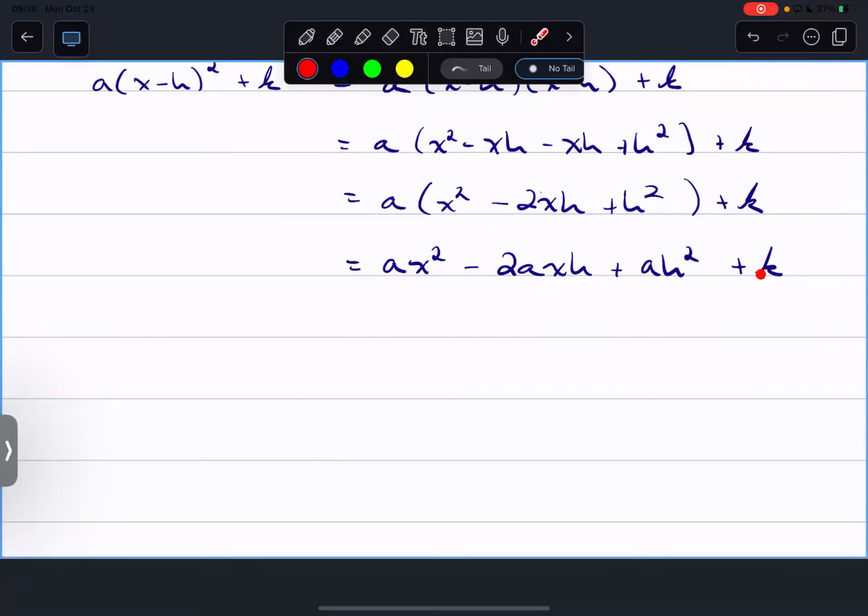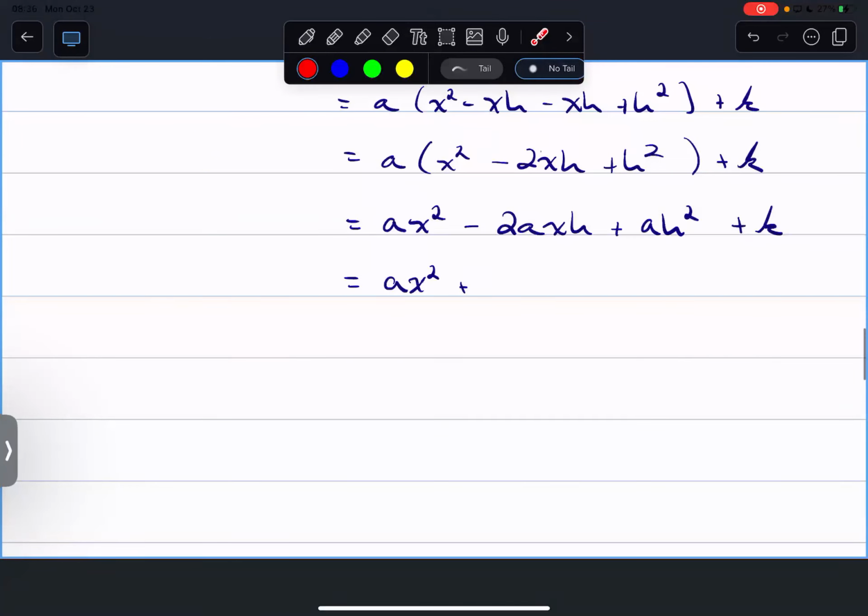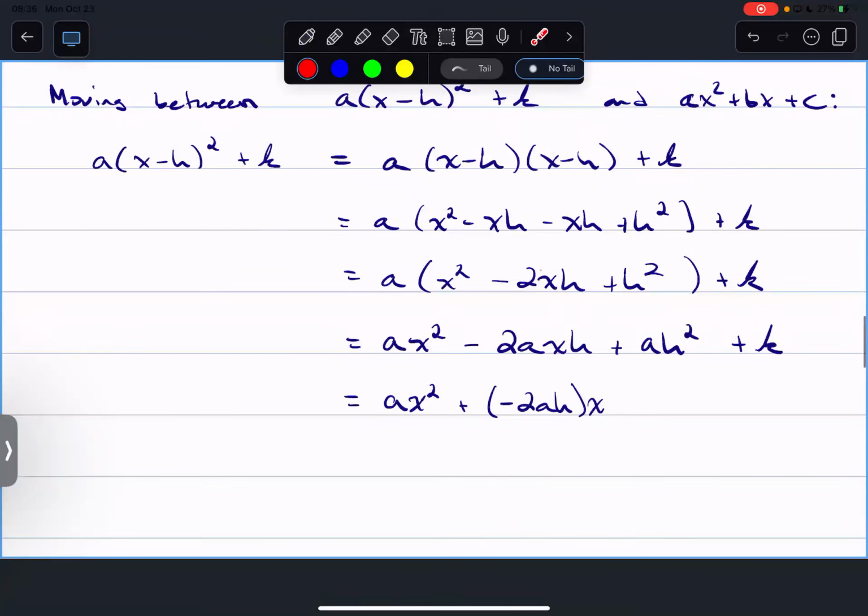ah squared is just a number, and same with k, right? And so here, what I'm going to do is rewrite this as ax squared plus, because if I want to make it look like this, then I have plus something, but if I am actually subtracting, then what? Plus negative 2ah times x, right?